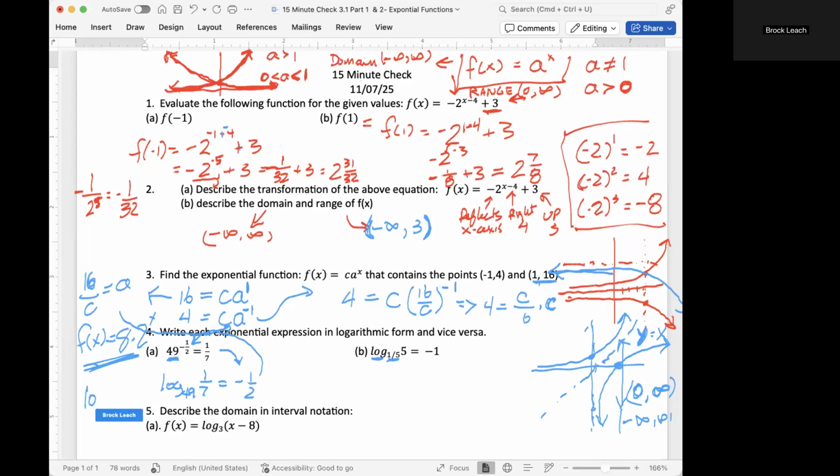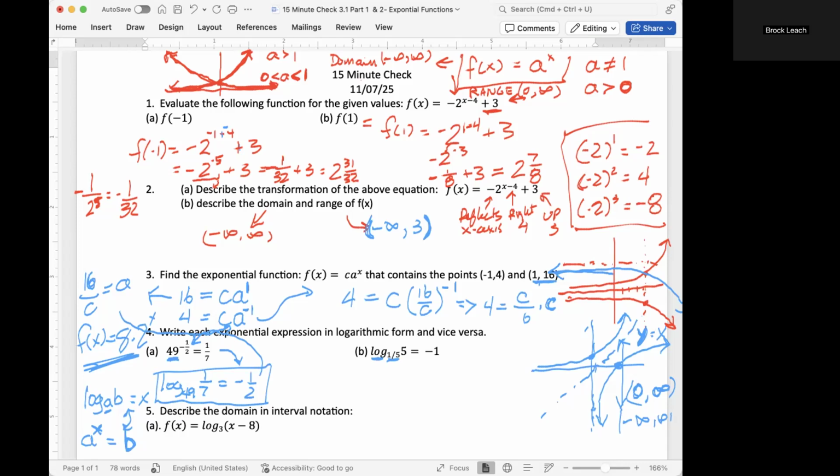So log base A of B equal to X. We take the base of the log. The answer is an exponent, so that becomes my X, equal to B, which is what we're taking the log of. Remembering these relationships, sometimes it's helpful to take something that's written in a logarithmic function and put it into an exponential form. A lot of times just doing that gives us the answer.